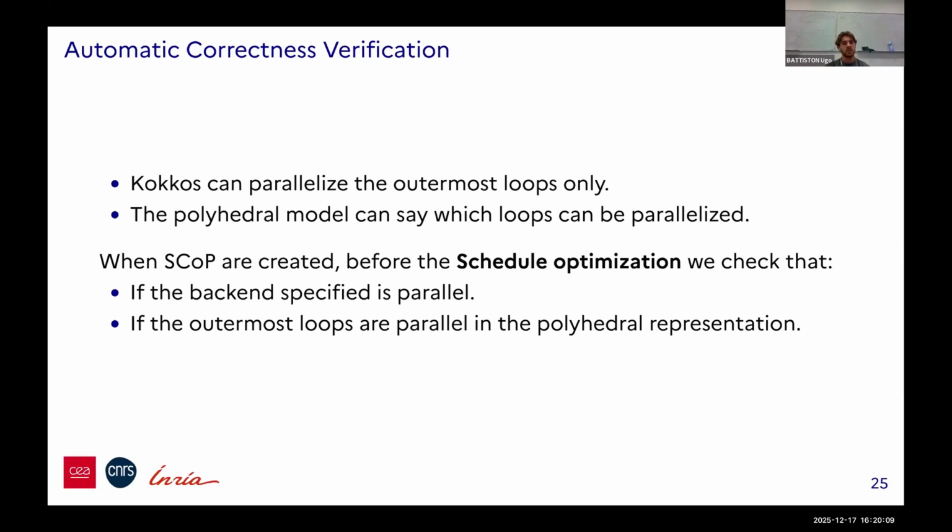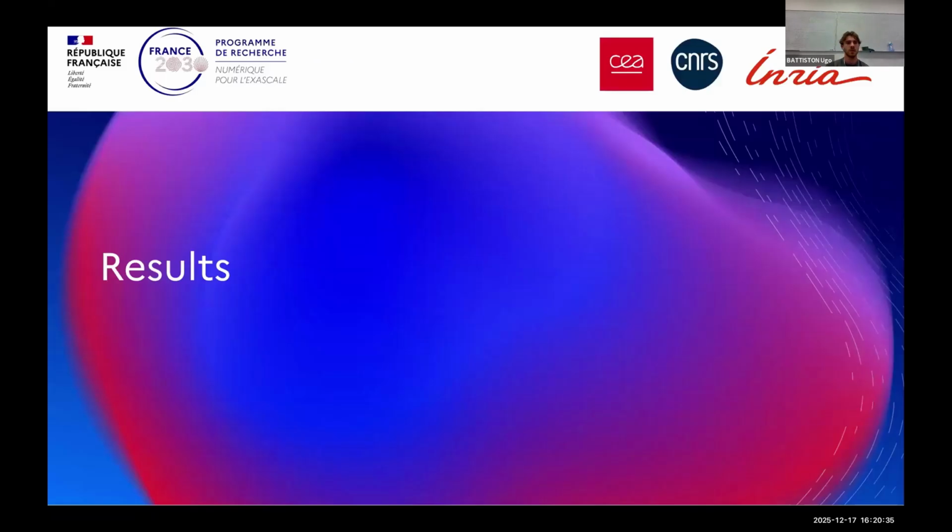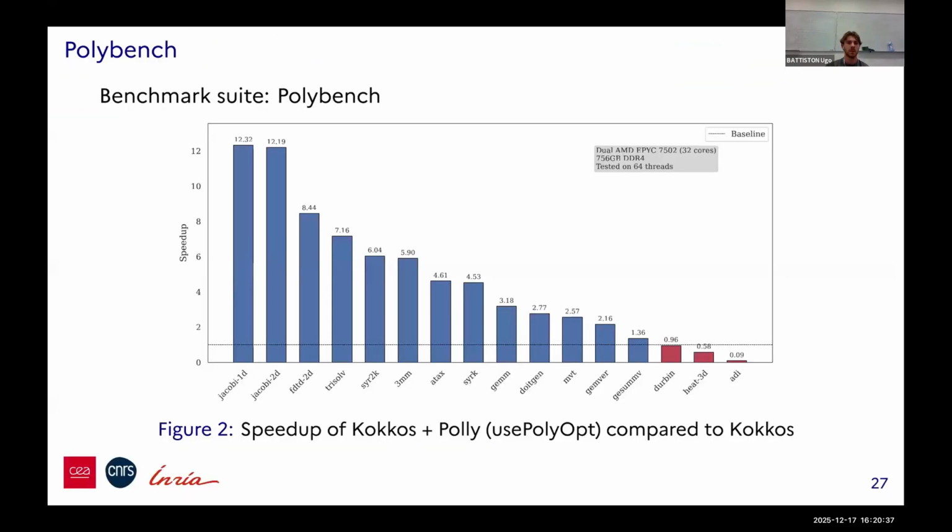And before the schedule optimization, we can say if the outermost loops aren't parallel, so the user made a mistake in the kernel. And we have a mathematical certification of this issue.